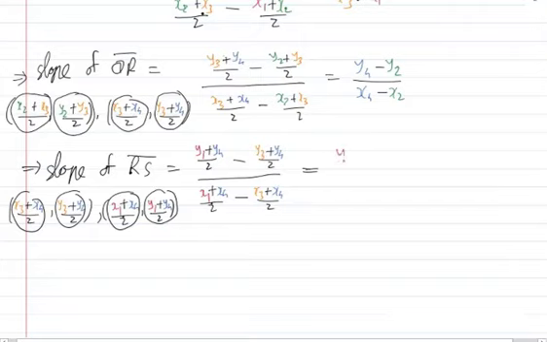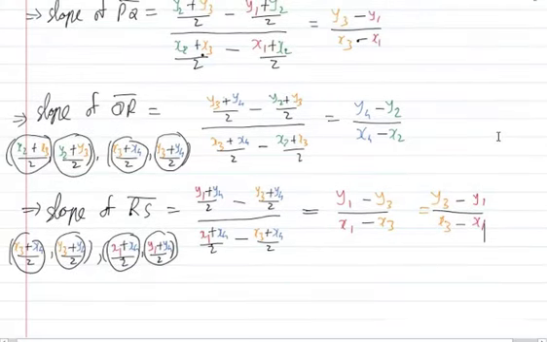So we will get (y1 minus y3) upon (x1 minus x3), or we can say (y3 minus y1) upon (x3 minus x1), which is exactly equal to PQ, right? So here we prove that PQ is parallel to RS.